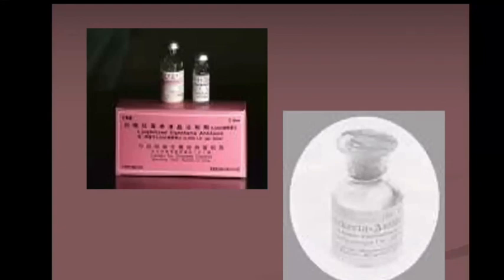Then it can have respiratory symptoms, upper airway obstruction. Then in the second and third week you can have cardiac and neurological complications. Timely recognition and administration of the antitoxin can prevent the complications and improve the outcome.